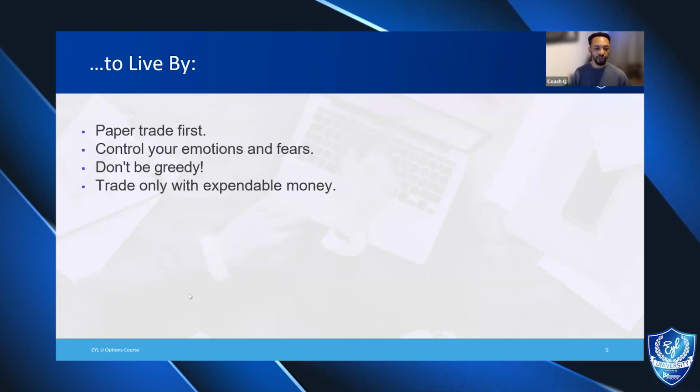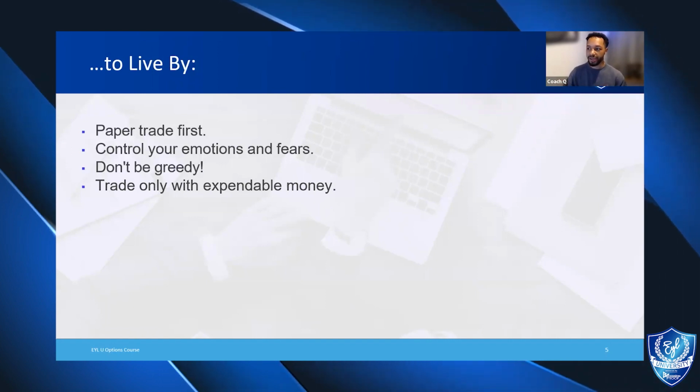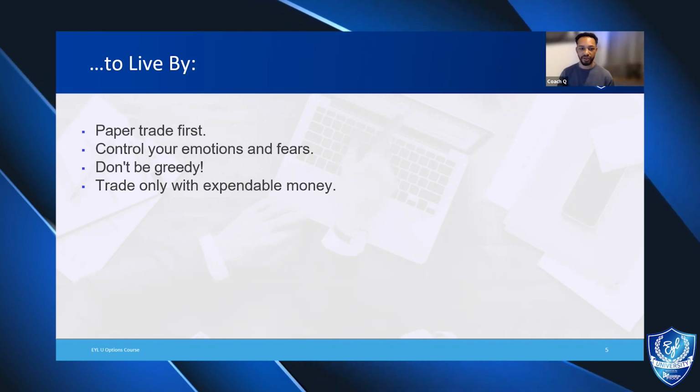So when we start trading, we want to be conscious of what we have to work with. What are the resources, in terms of setting a certain amount aside that you're willing to put at risk? So just noting this down. We want to make sure we trade only with expendable money that we're willing to put at risk, because as we learn this skill set, we don't want to risk our savings.